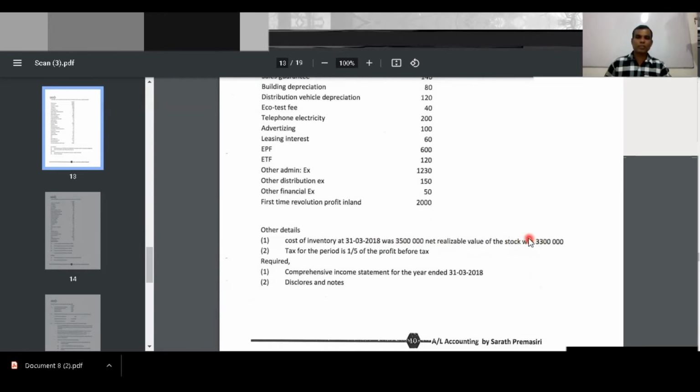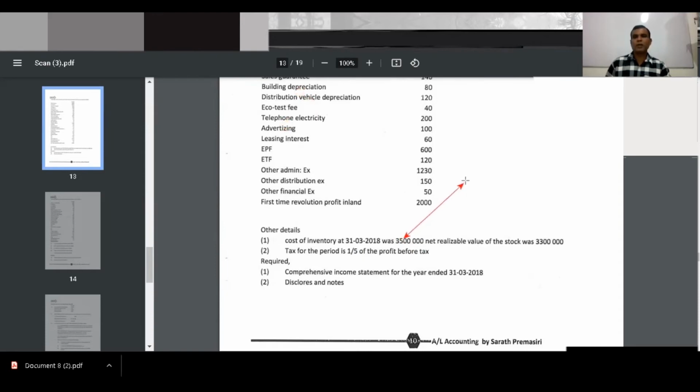So in calculating cost of sale, this 3500 should be taken as the closing stock.